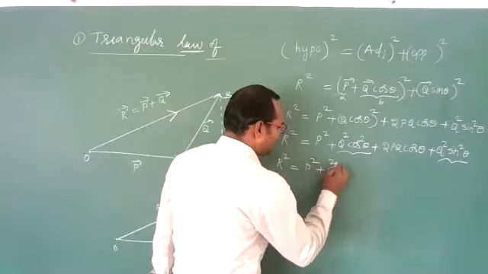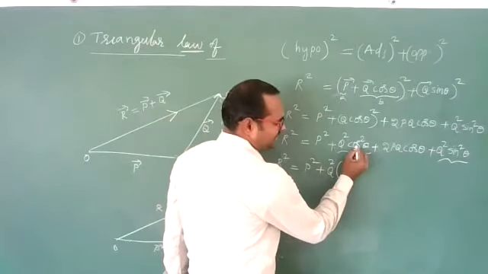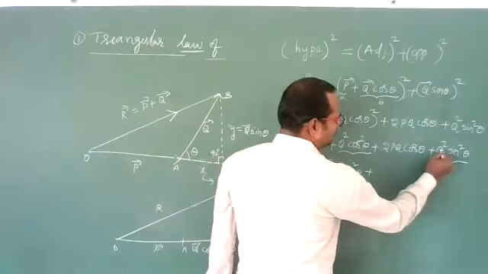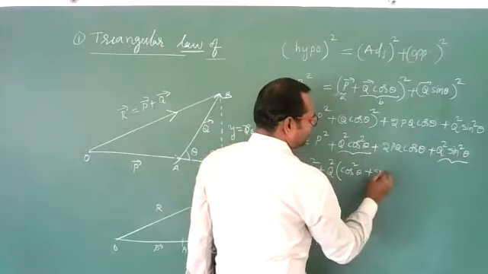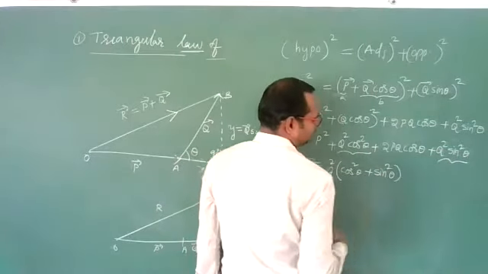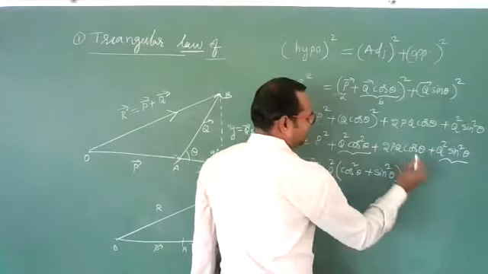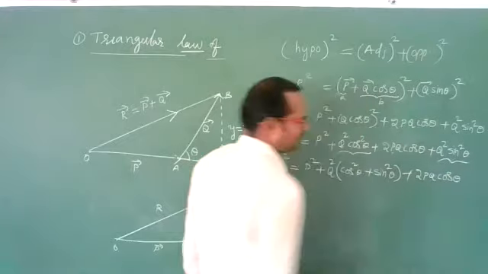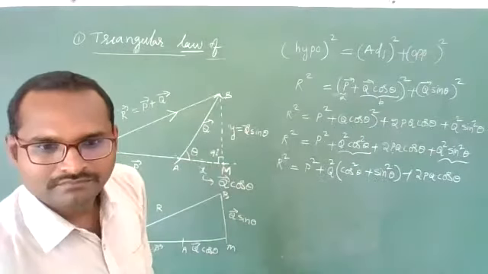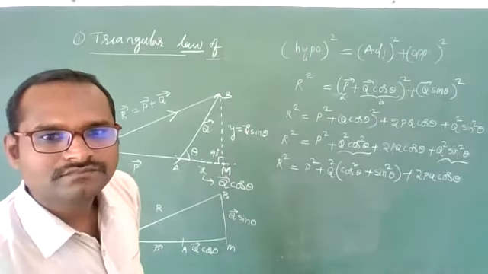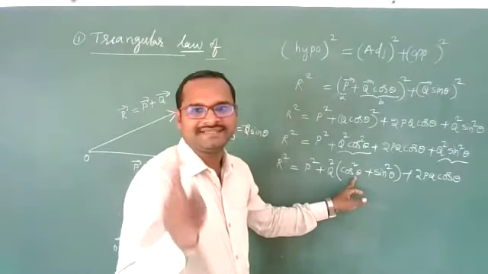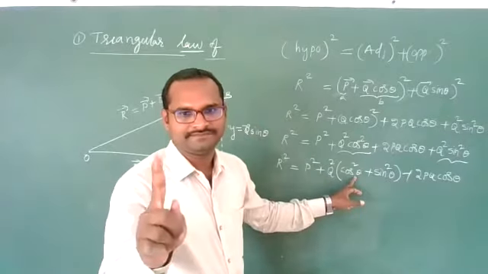You will get Q square of cos square theta plus sin square theta, plus the remaining term 2PQ cos theta. And you know sin square theta plus cos square theta, the trigonometric identity, is always 1.